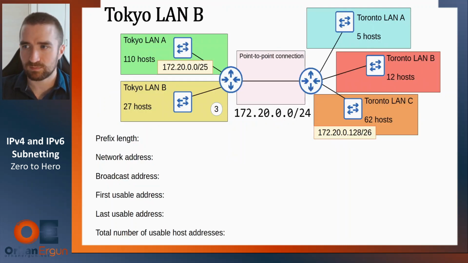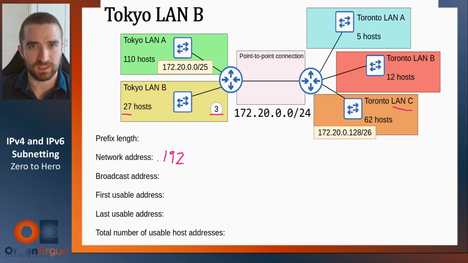So the next subnet, the next largest one, is Tokyo LAN B. That is number 3. So the network address we know is .192, the address immediately after Toronto LAN C's broadcast address. Now, what should the prefix length be? So we need 27 hosts this time.